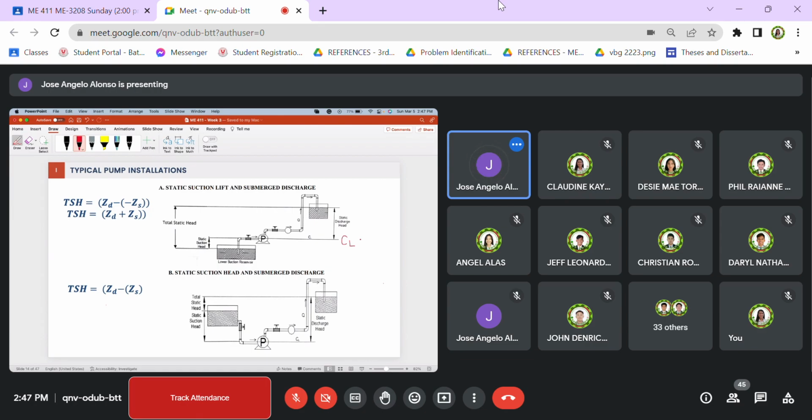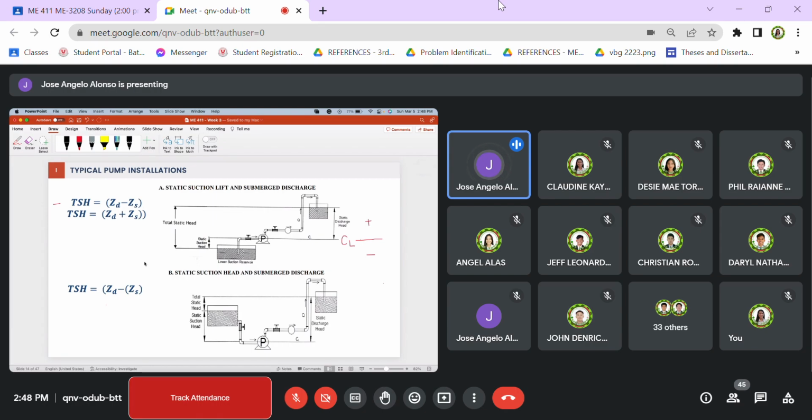So anything above this center line or above this reference line, ang sign niya will be positive. Then anything na below sa reference line, ang magiging sign niya is negative. We will use this equation, C sub D minus C sub S, para hindi tayo magkamali when calculating the total static head.